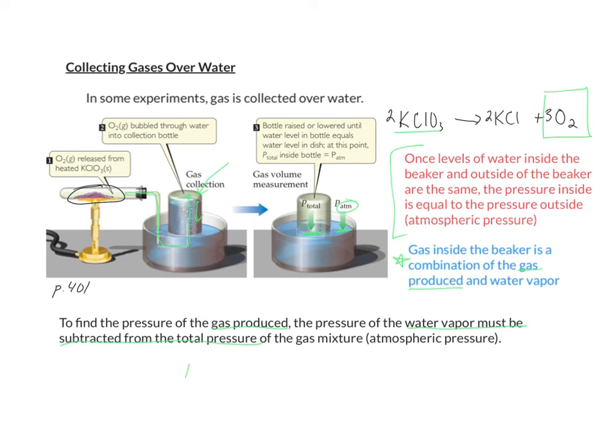So if we write this down, the total pressure is based on the pressure of the gas that we collected, in this case O2, plus the pressure of H2O vapor.